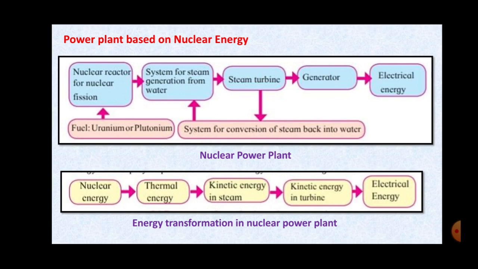And if we see the flow chart of the energy transformation in the nuclear power plant, the nuclear energy in the radioactive elements is converted into thermal energy, then the kinetic energy in steam rotates the turbine, and in turn the electrical energy is generated. So we had studied about these two power plants.